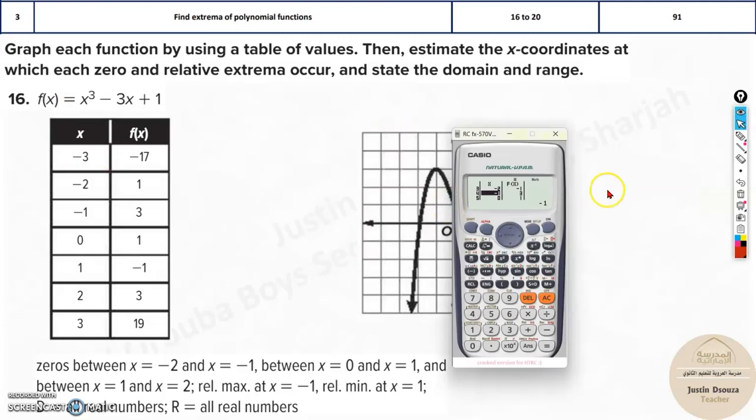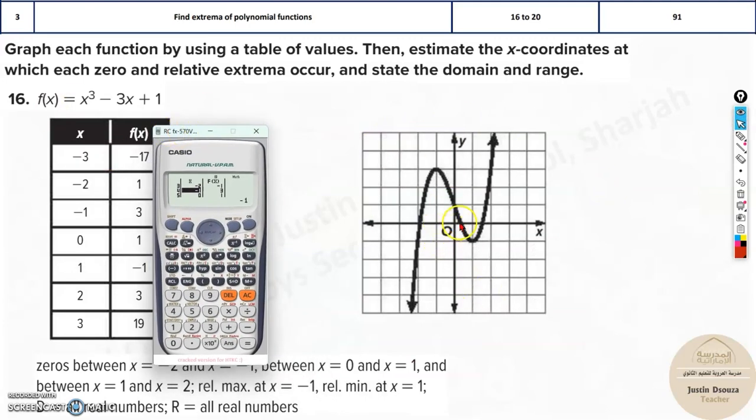Now you can just take any value. I'll choose 0. Once you choose that value as 0, you need to substitute x as 0 in this equation. This becomes 0. This becomes 0. What's the answer? 1. So when x is 0, it should be 1. Yes, that corresponds. Let me take 1 as the x value.